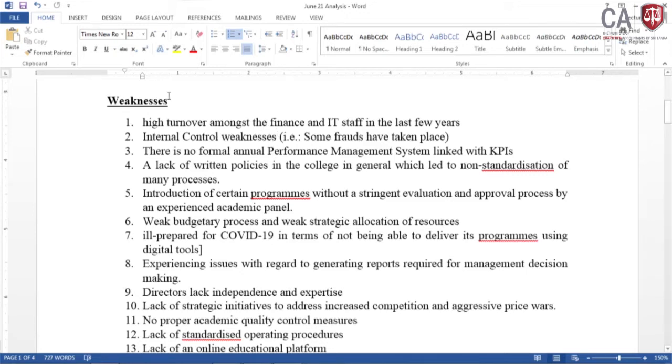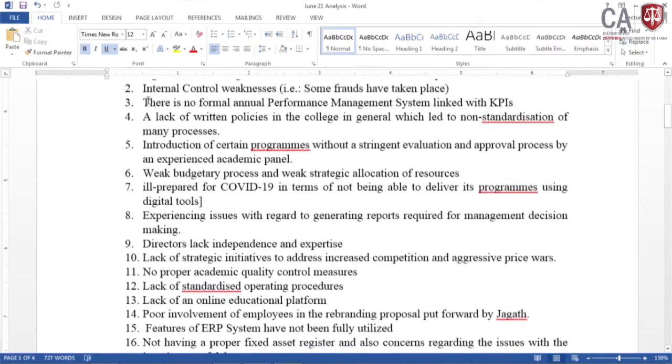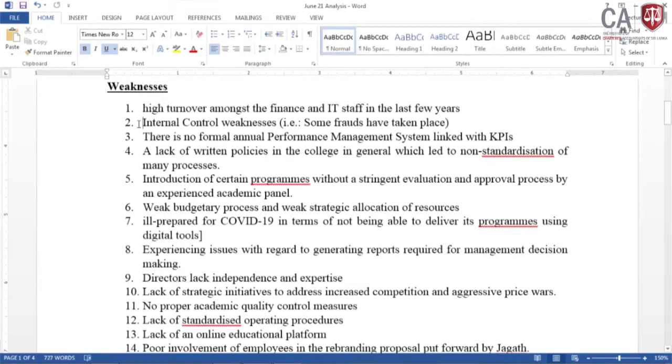Then there are some internal control weaknesses. For example, some fraud has taken place.